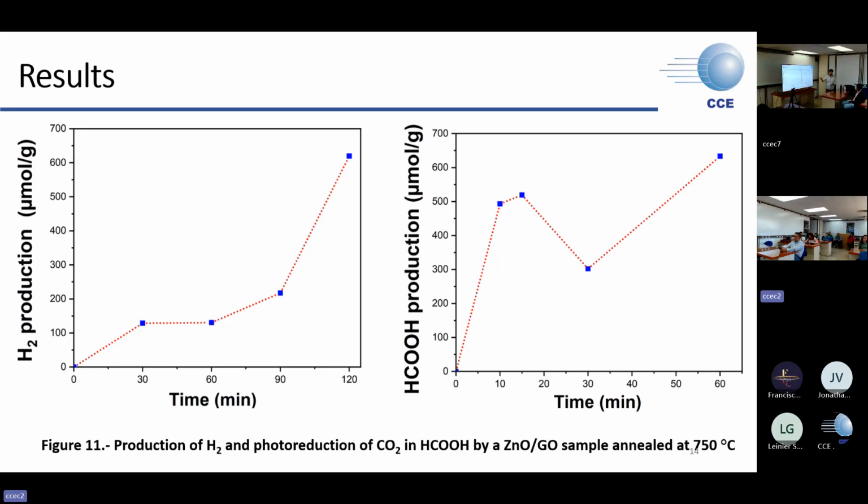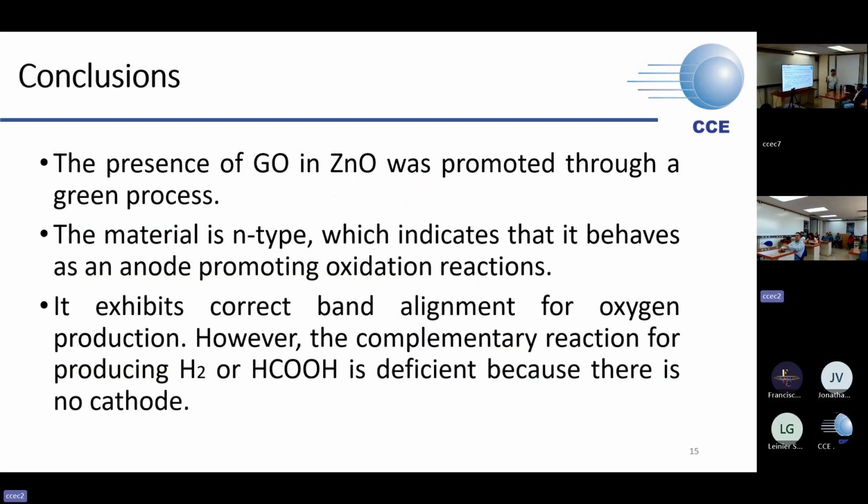Actually, if we use this technology to make thin films and do this again, but for a photoelectrochemical process, in that case we use a counter electrode, which is normally made of platinum. So in that case, probably the results would be better. But at least I consider I have interesting results.